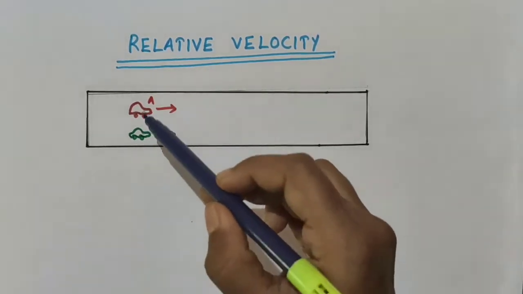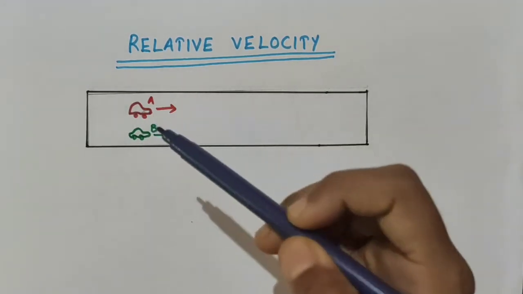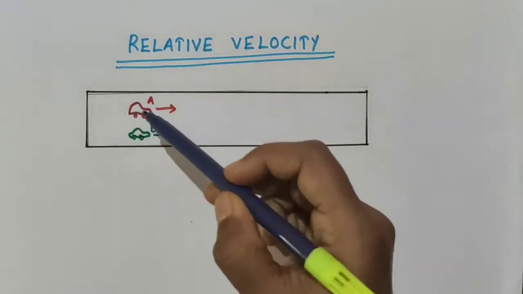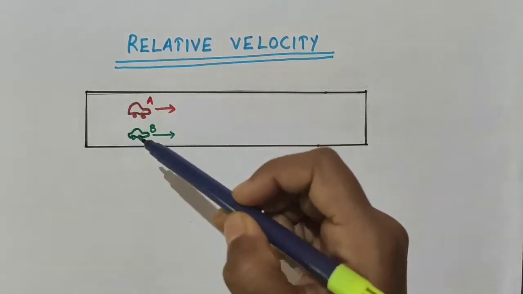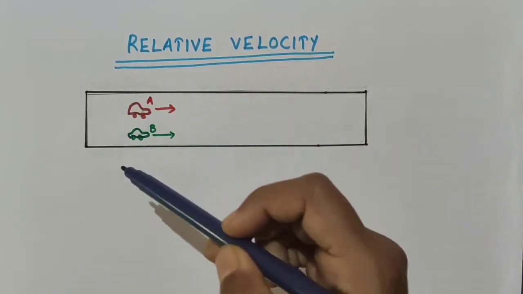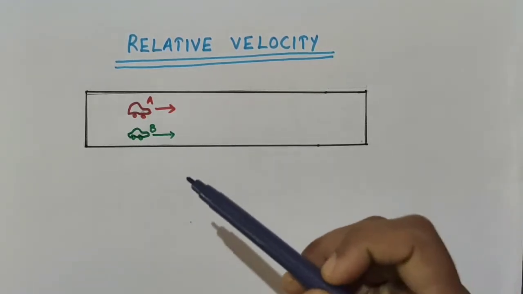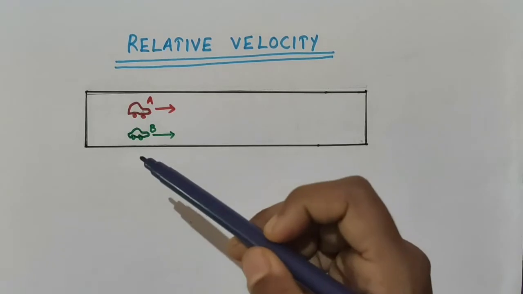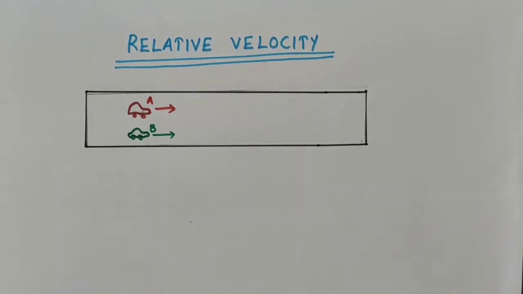In case both the cars A and B have the same velocity with respect to the ground, then to you in this car A, the car B would seem to be not moving at all. To understand such observations, we need to know about this concept, relative velocity.